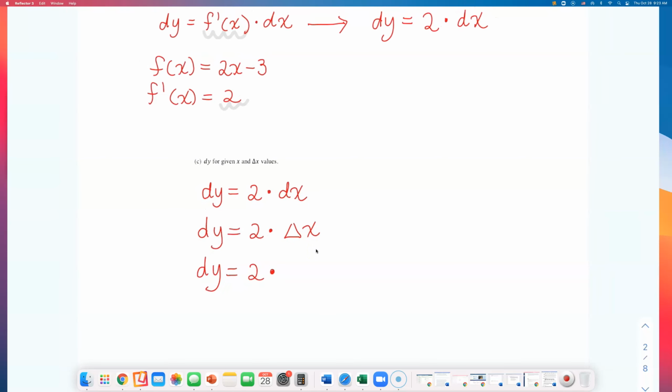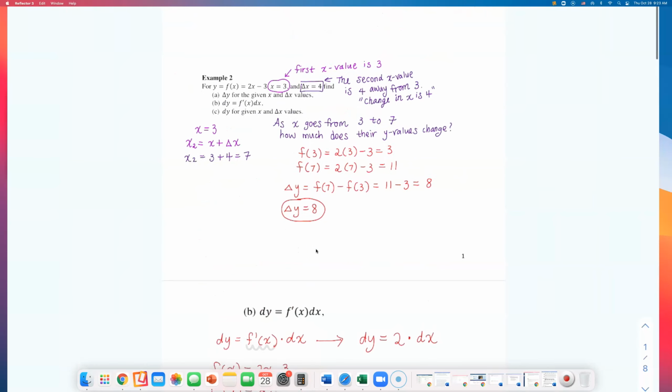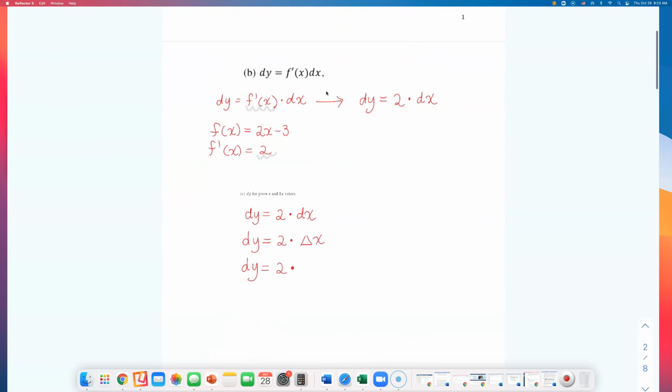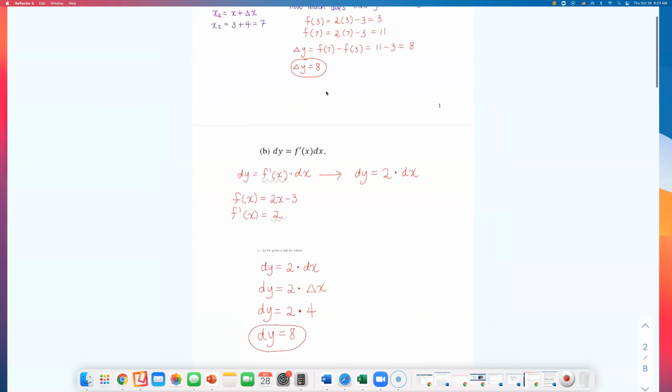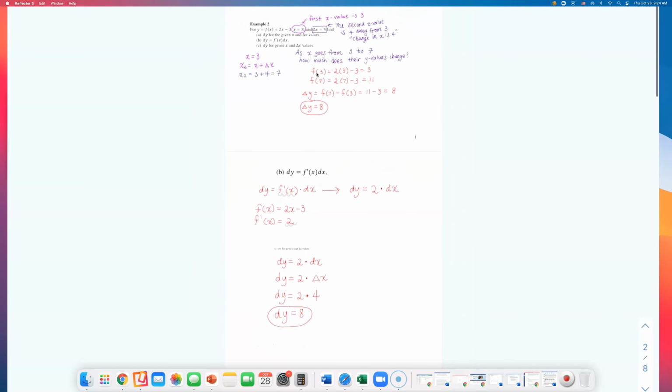So let me zoom out. What was delta x? Delta x was 4. So if I plug in 4 there, I get dy equals 8. So you notice this answer, dy equals 8, is the same as that delta y we got using the actual y values and subtracting.